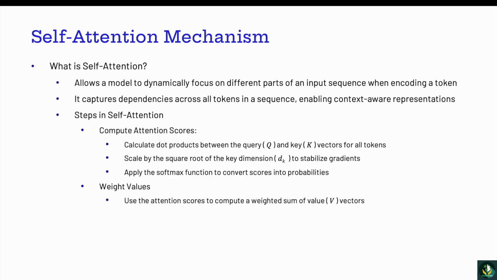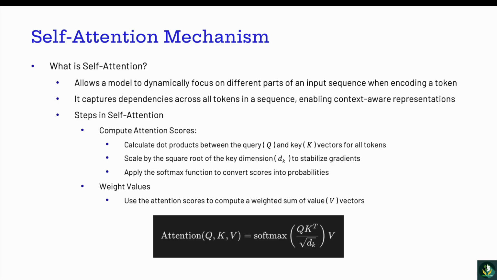Use the attention scores to compute a weighted sum of value V vectors. And that's what we did in the last one, but we're going to go more focused today in the hands-on exercise. So remember these, and also the formula: Attention(Q, K, V) equals softmax of QK^T divided by the square root of dk, times V.